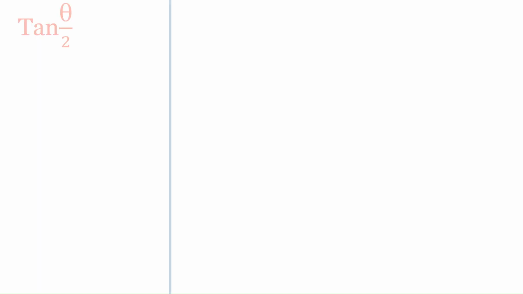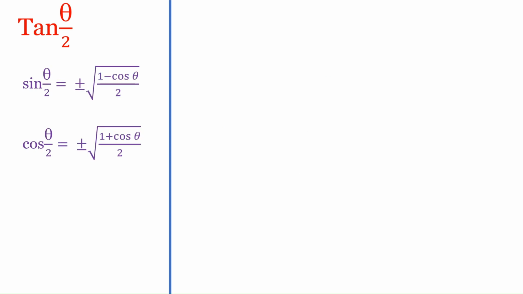The next thing is tan theta by 2. For tan theta by 2, we have to know the formula for sine theta by 2 and cos theta by 2. Those things we'll use, as we know that tan is nothing but sine divided by cos. We'll use that here.